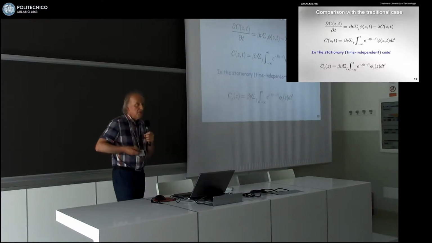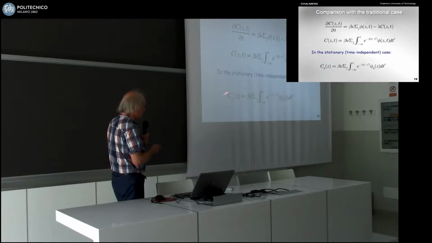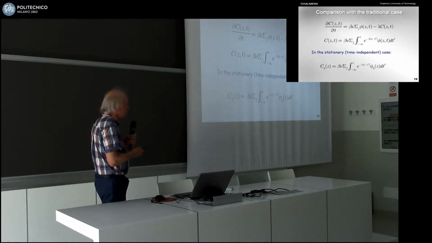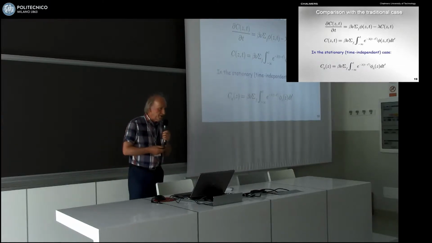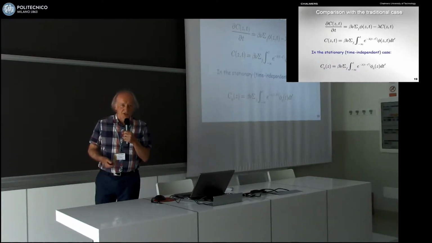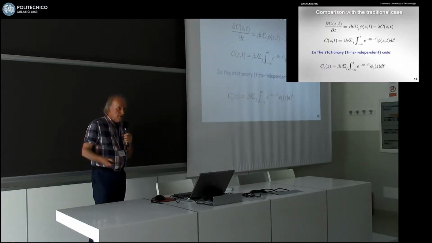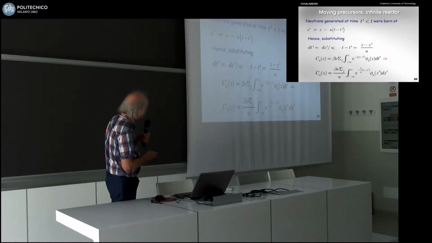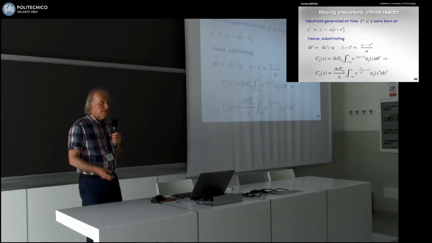If you want to intuitively derive the same equation, then we know that although this equation could be written down even without solving an equation, by some intuition we know that it will not be valid any longer that the delayed neutron precursor density in a certain point is an exponential integral of the flux at the same point, because the precursors which were born at some time earlier were born at a different space, and we have to take this into account.